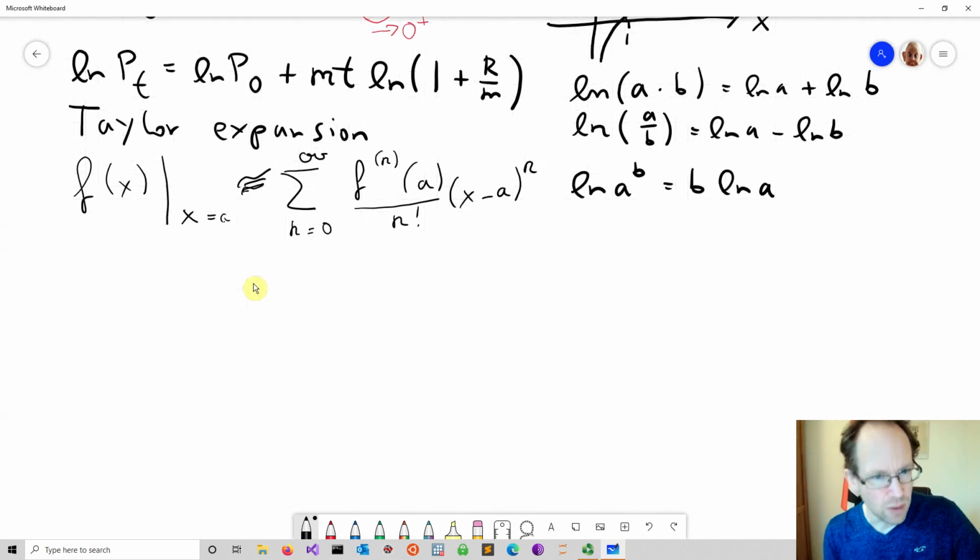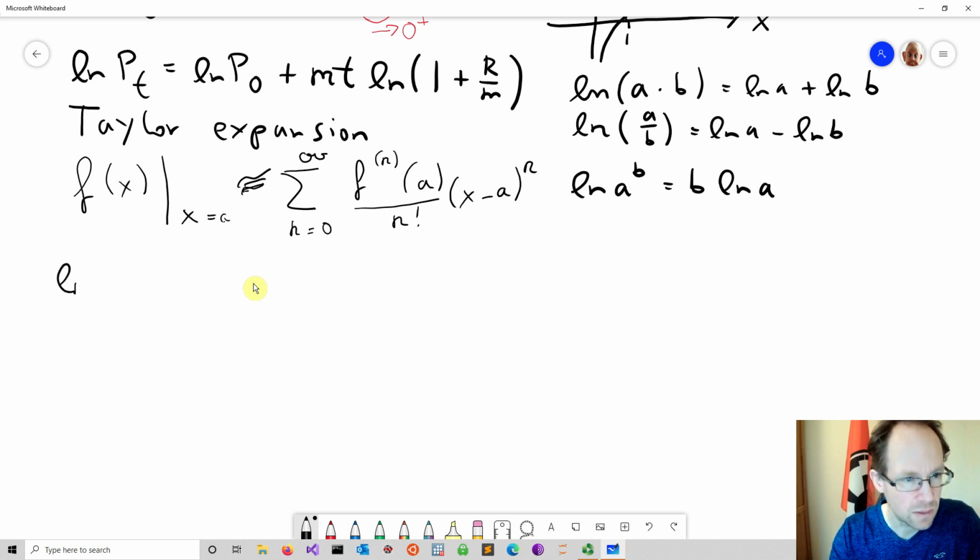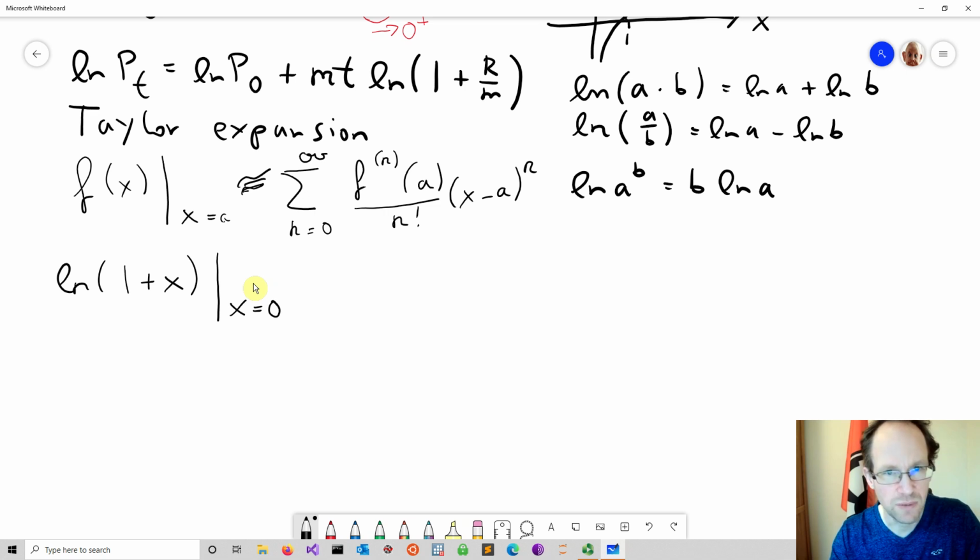Good. Now let's work with this and apply it to our case, which is the ln of 1 plus a very small number. Let's put in x here, just to be consistent with notation, and we want to take x very close to 0, because we know that r divided by m for very large m is basically equal to 0.